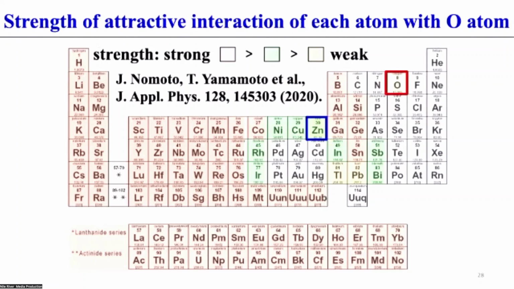As you can see, zinc elements show the medium strength interaction with oxygen atoms. And then to achieve the reliable solid-state devices, we must dope the strong attractive interaction with oxygen atoms using aluminum, gallium, or titanium. Okay.